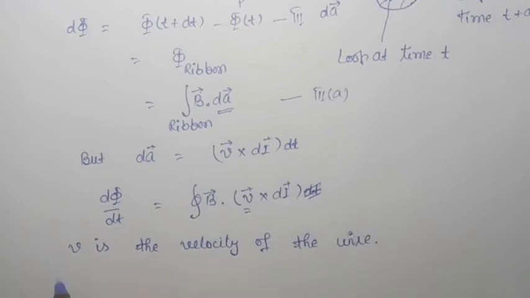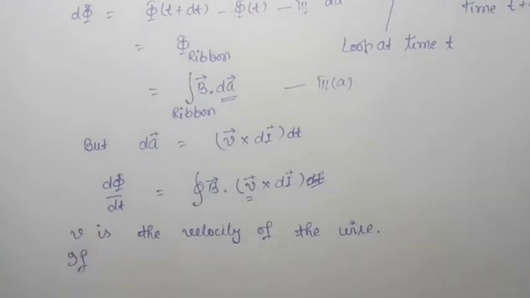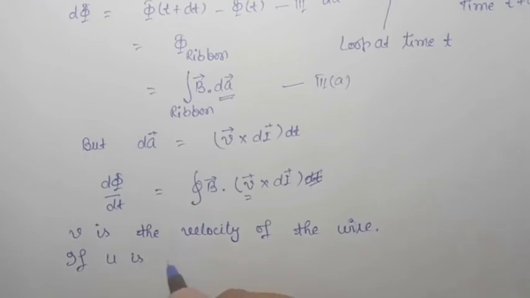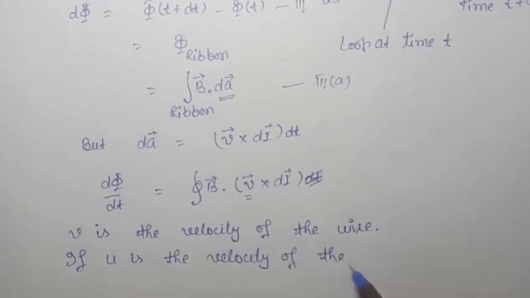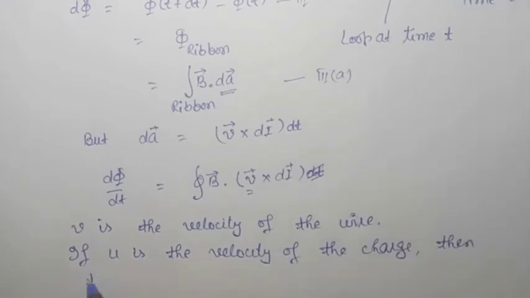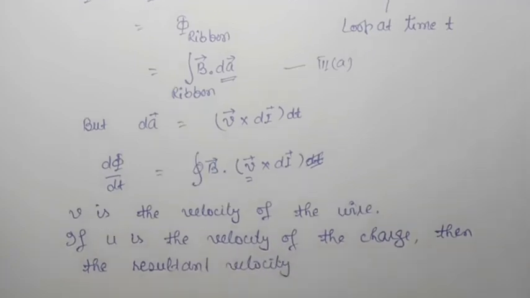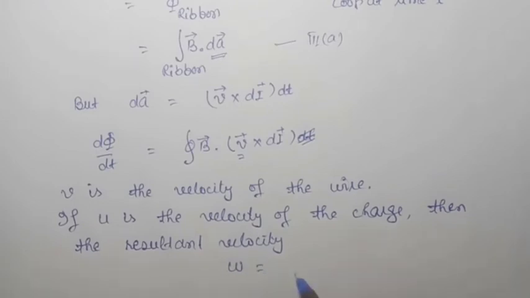Okay, so if u is the velocity of the charge, then the resultant velocity W is equal to u plus v.